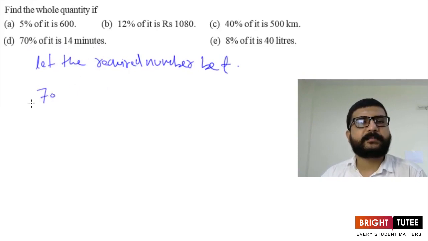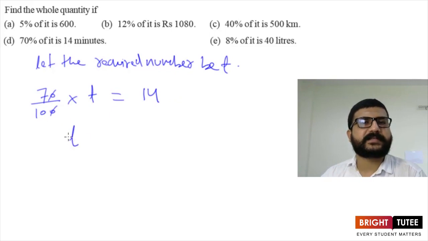So it means 70% means 70 upon 100 of means multiplication, and then 70% of t is equal to 14. Now we have to find the value of t from here. So what we can do, now we can transpose this 7 upon 10 on the right side of the equation. So this gives us t is equal to 14 into 10 upon 7.